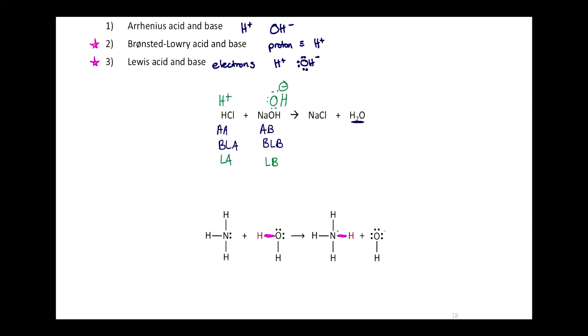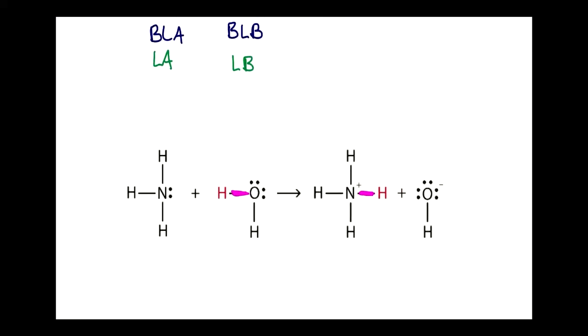So Bronsted-Lowry acids and bases focus on protons. If you look at this reaction, think about what's happening. This hydrogen is moving over here. So water is doing what to that proton? Is it accepting it or is it donating it, the water molecule? It's donating it. So if this water molecule is donating an H plus, look back at the slides, what does it make it?